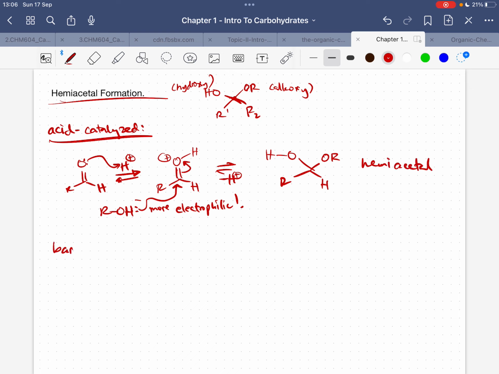Kung base catalyzed, ang una mahitabo is that the alcohol gets deprotonated first in the presence of a base, strong base.